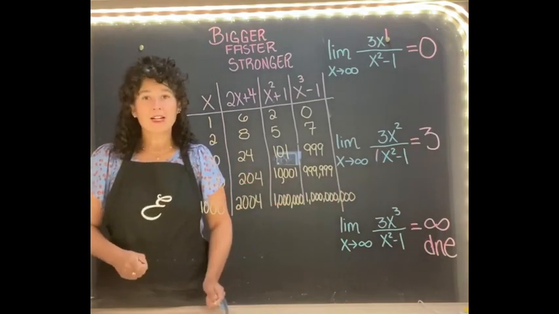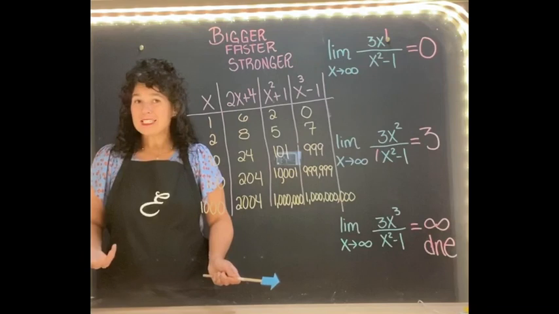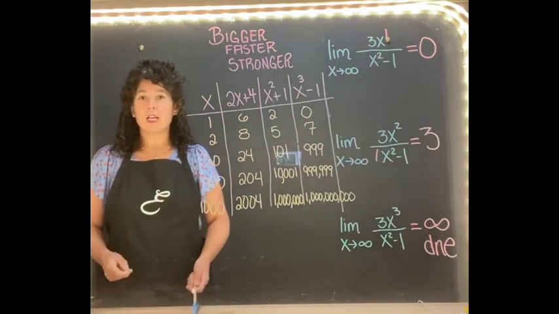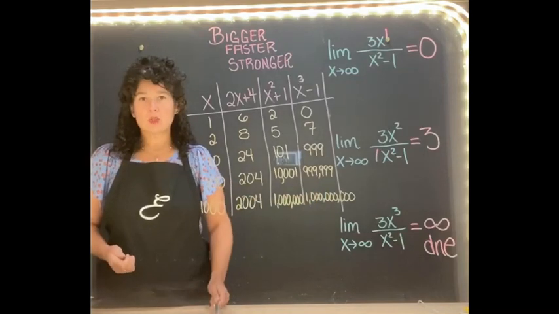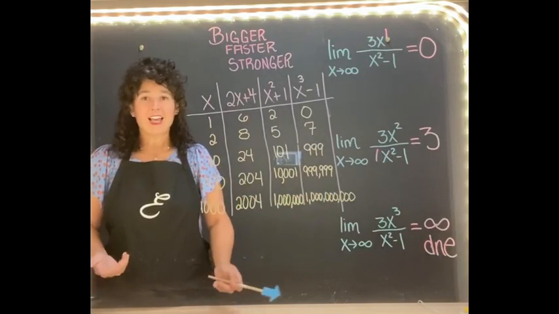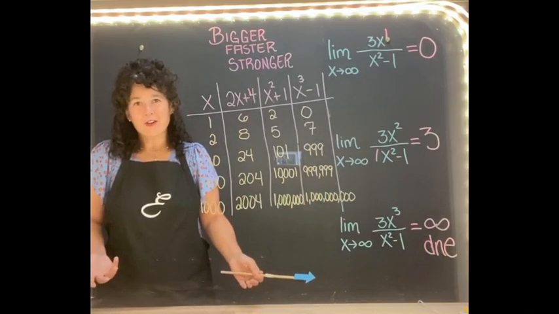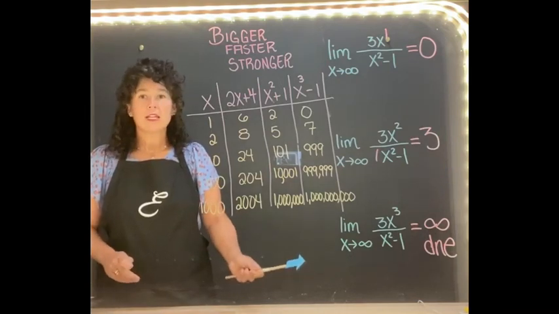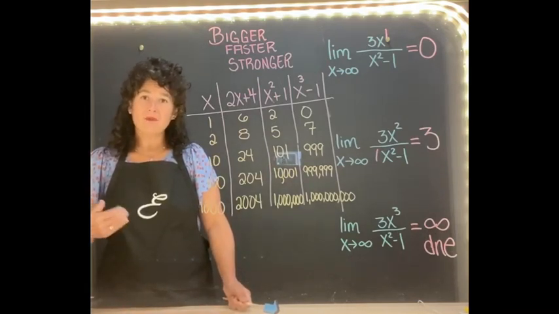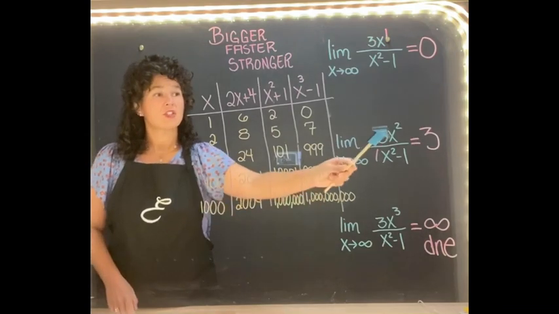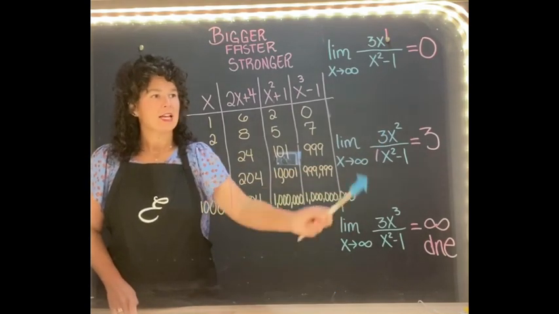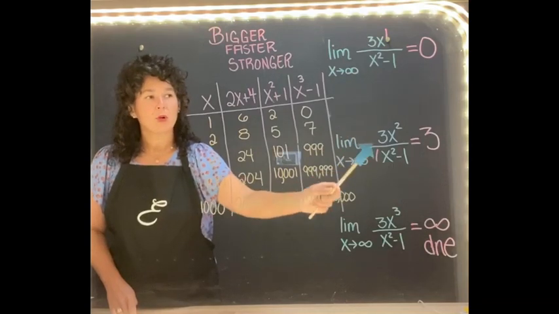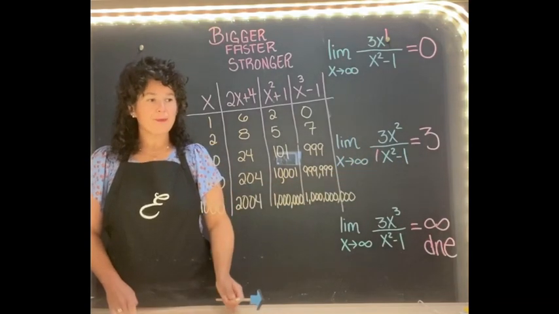This extra -1 at the end really isn't that significant if I plug in 1,000,000,000 as x goes to infinity. 1,000,000,000 squared minus 1, the extra -1 isn't going to matter that much. So it comes down to a ratio of their sizes, since the strength of the numerator and denominator are the same. And so we end up with 3 over 1, which is 3.